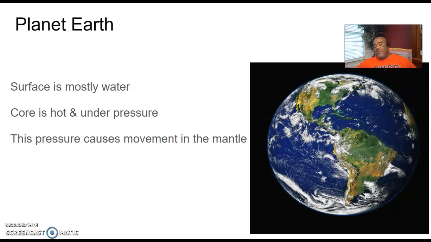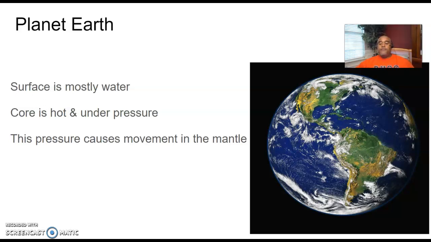But underneath that water, underneath those oceans, there's more rock, and there's tons and tons of elements and other materials under the Earth's surface. But just so we're clear, the surface of the Earth is mostly water and some rock. Okay?